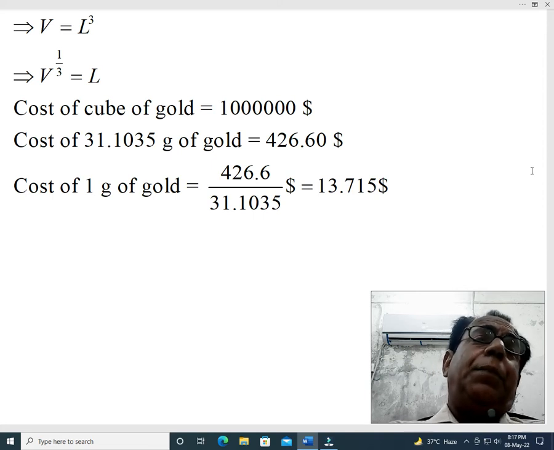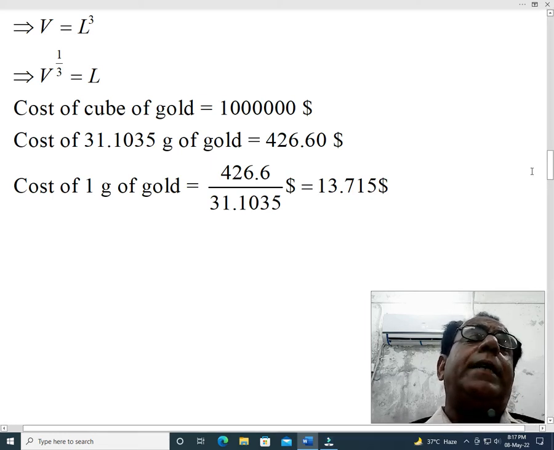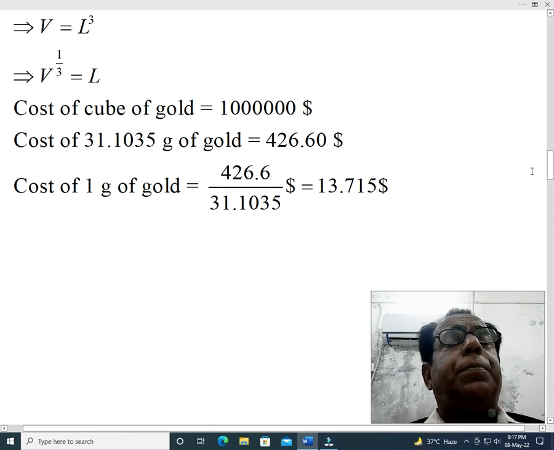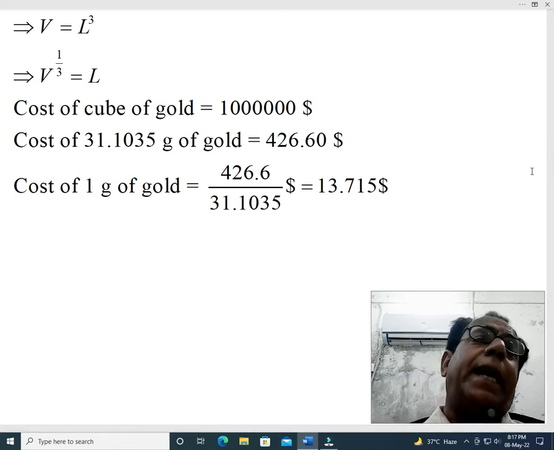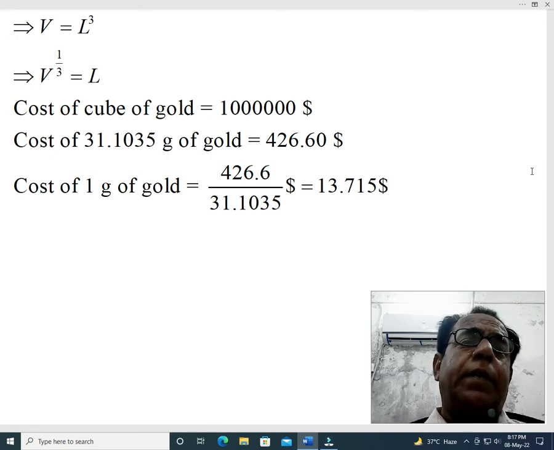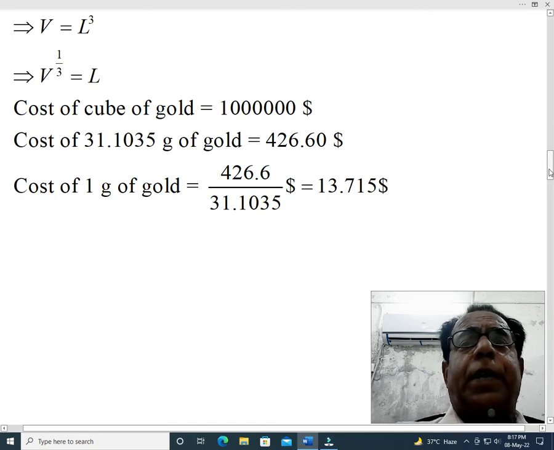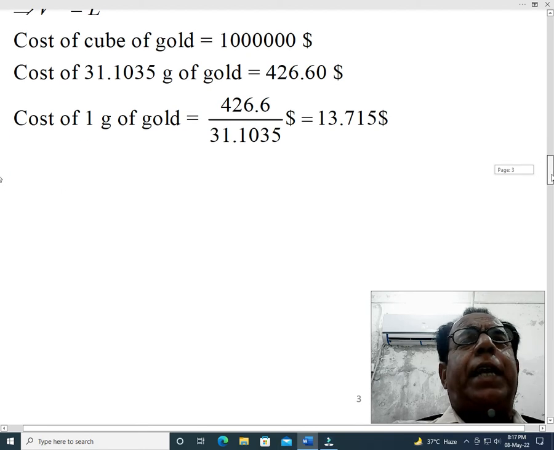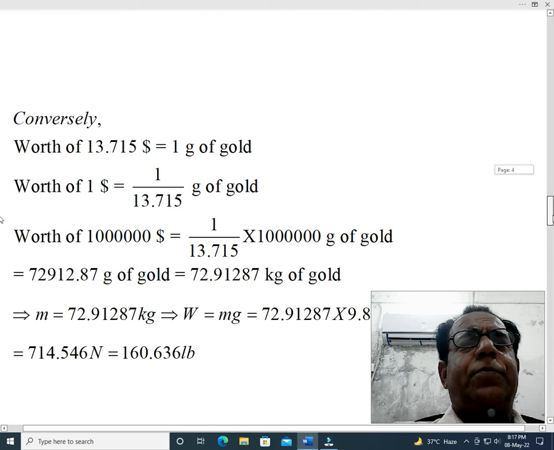When the cost of so many grams is equal to so many dollars, then definitely the cost of 1 gram of gold will be equal to this over that, and hence it becomes equal to $13.715. I think this value will not be used anywhere, but despite this we have calculated it.